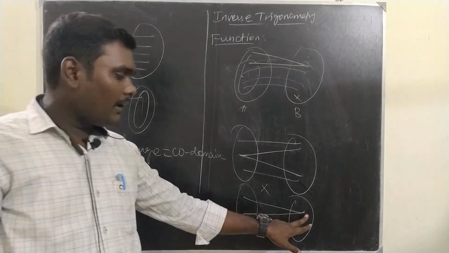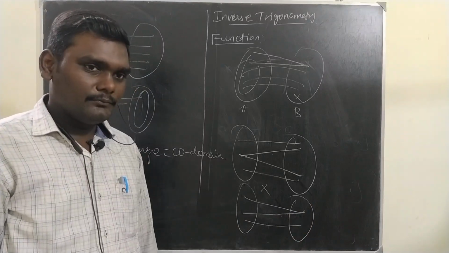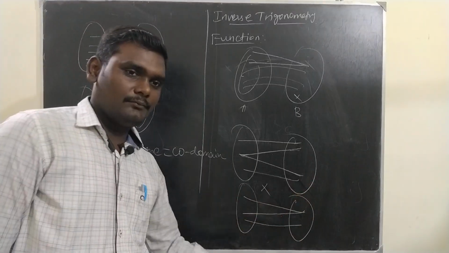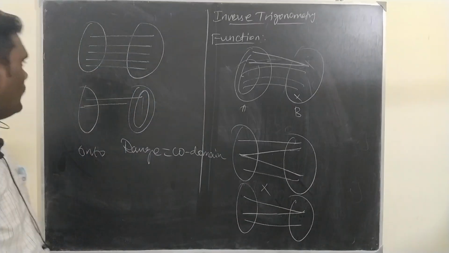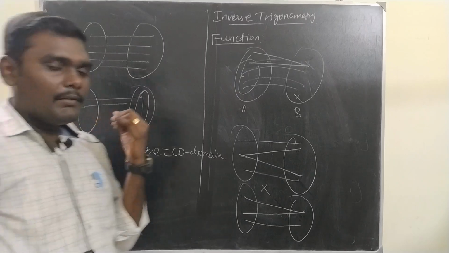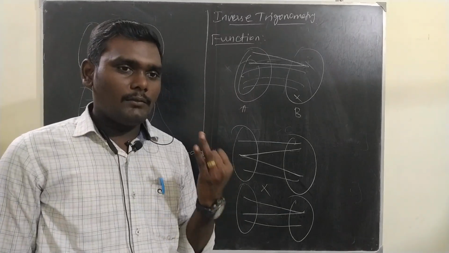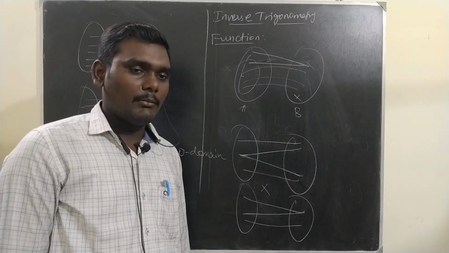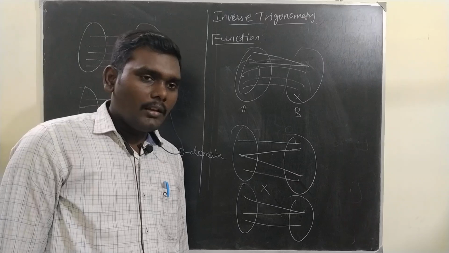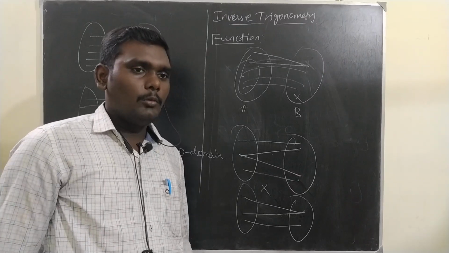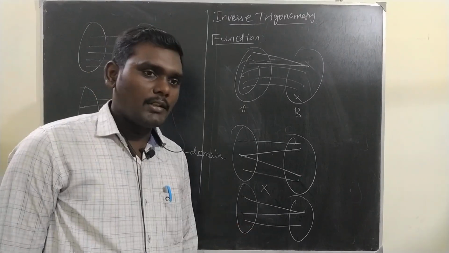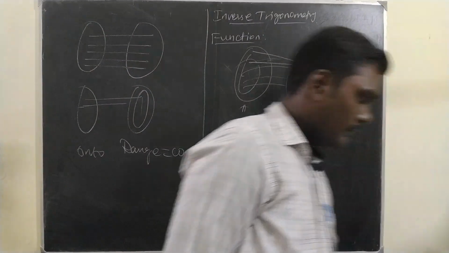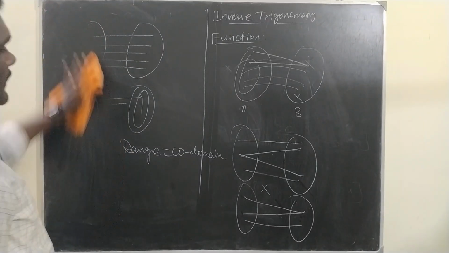Two persons can go to one school, but all the schools should have students. That is what one-to-one and onto functions are. If the function is both injective and surjective, we call that function a bijective function. Remember, both one-to-one and onto, then we call that function bijective.